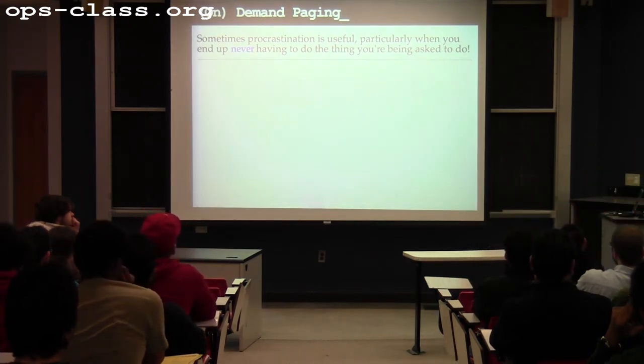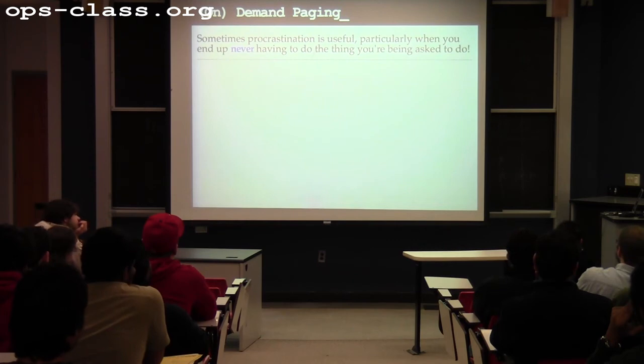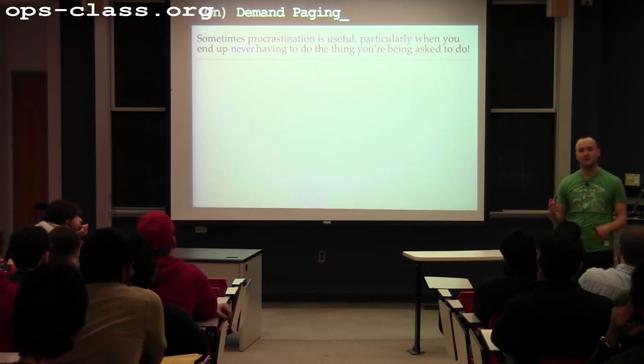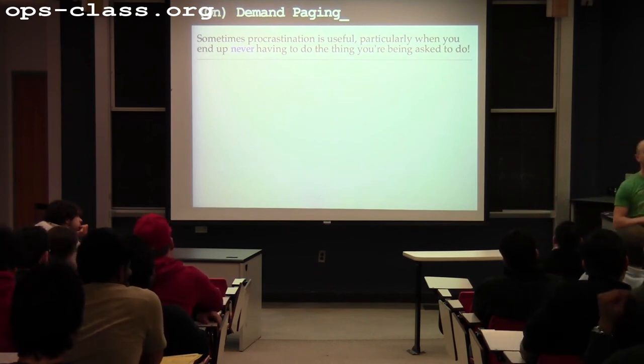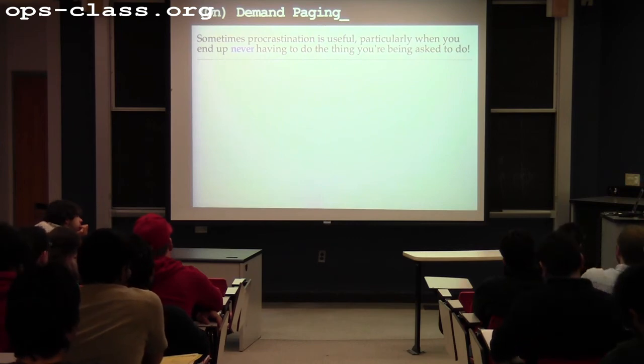Like assignment 2, or assignment 3. And then there's procrastination about things that if you wait long enough, they just might not ever need to get done, right? So, there's no point doing stuff now that you might never have to do. There is a point doing stuff now when you know you're going to have to do it.